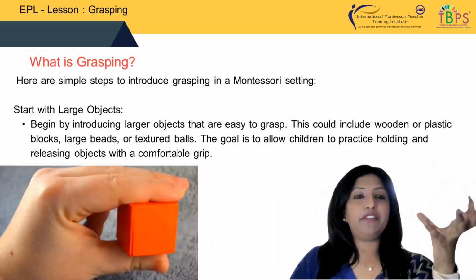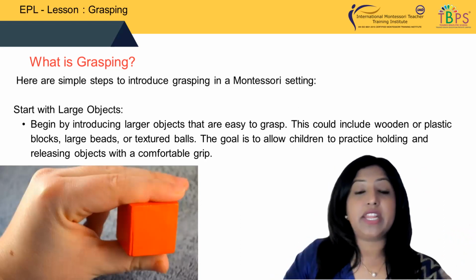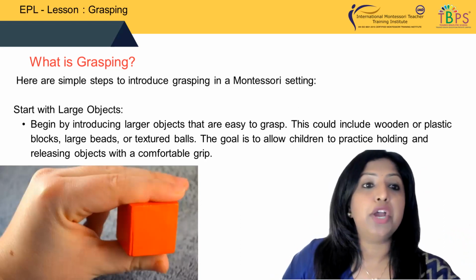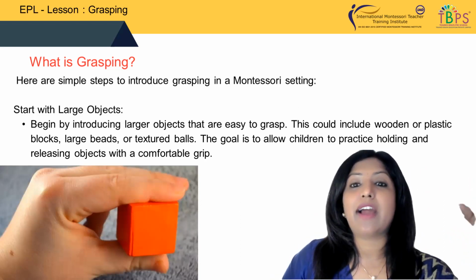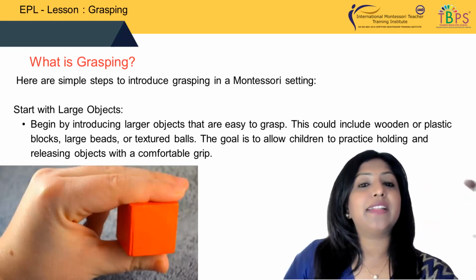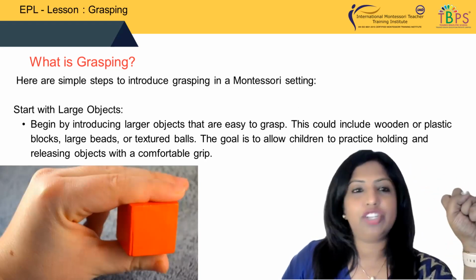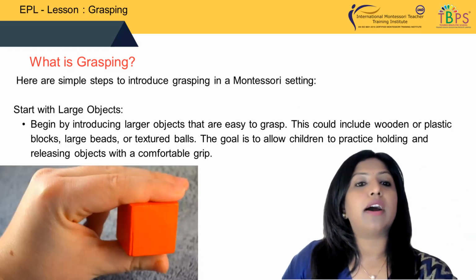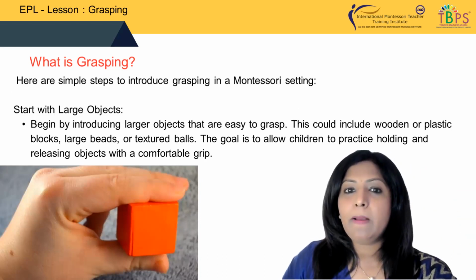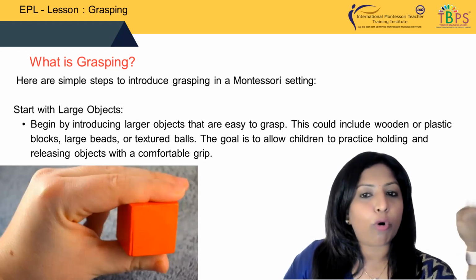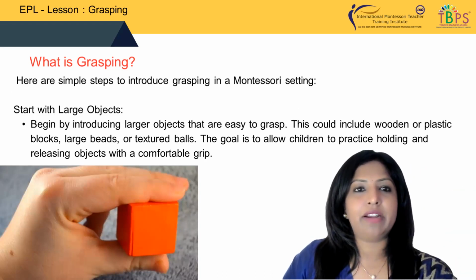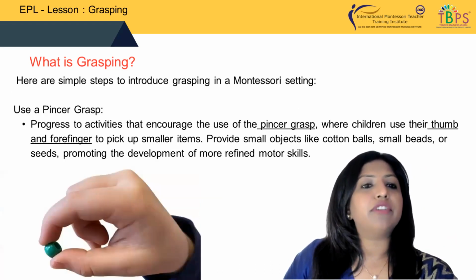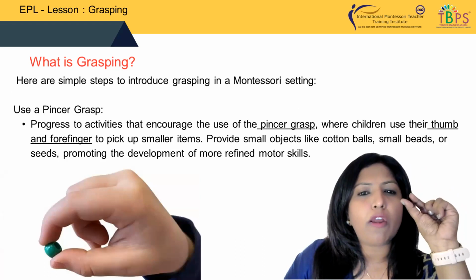If you are worried about safety and other things, you can always begin by introducing large objects, which are very easy for a child to grasp. Maybe a toy, a teether, a block, a large bead, or a textured ball, wherein the child is able to hold and release it with a comfortable grip. Once they're comfortable with this, you give them the smaller ones.